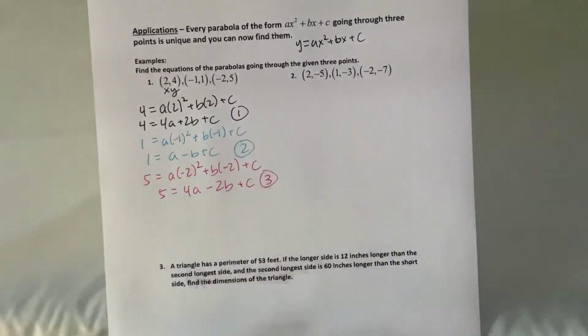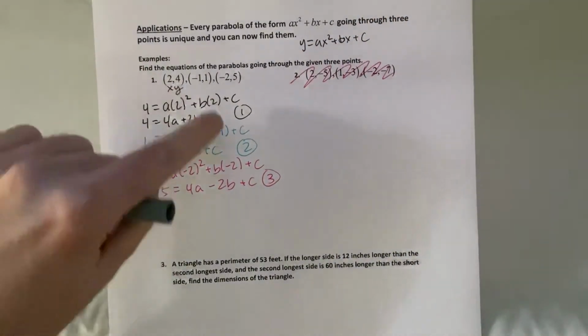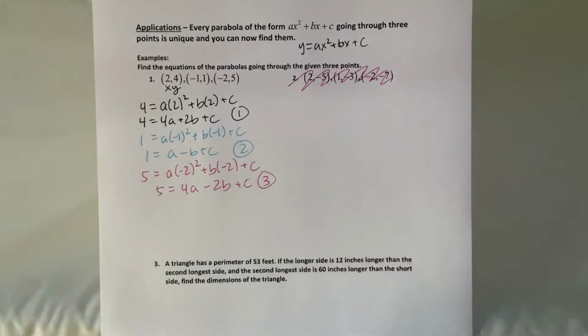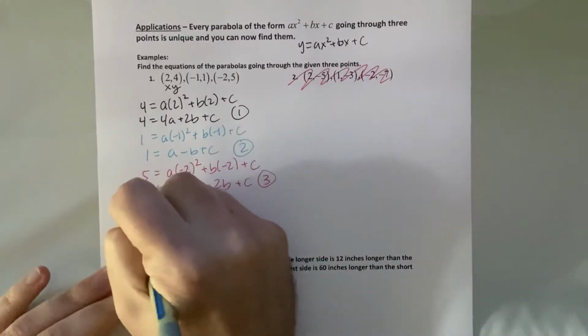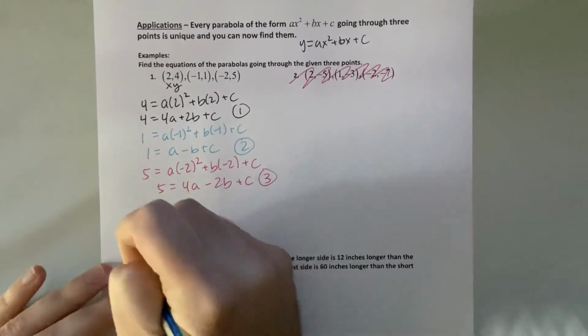Now the good thing about this kind of problem is that the c is always going to have a coefficient of 1. And because c has a coefficient of 1, it's always easy to combine. So to do that, I'm going to take negative 1 times equation 2 and combine it with both 1 and 3.